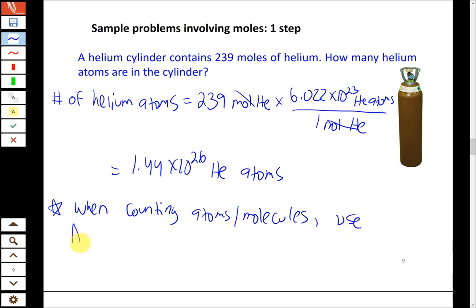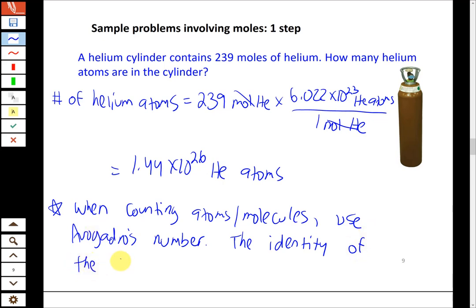So use Avogadro's number. And it's important also to remember that the identity of the substance doesn't matter. There's one Avogadro's number. It applies to every substance in the world. The only thing you have to keep in mind with Avogadro's number is what exactly you are counting for that substance.